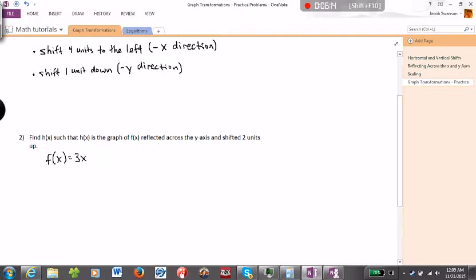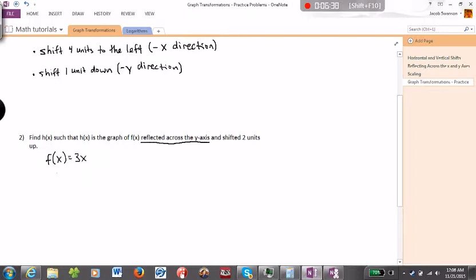The first thing they say here is a reflection across the y-axis. And if you remember from the reflecting across the x and y-axes portion of this series, a reflection across the y-axis requires that you take the negative of x itself.